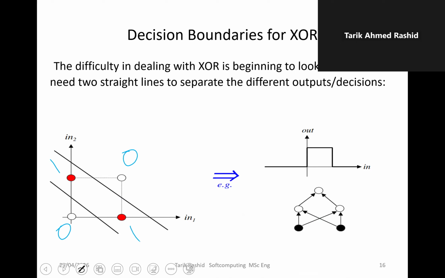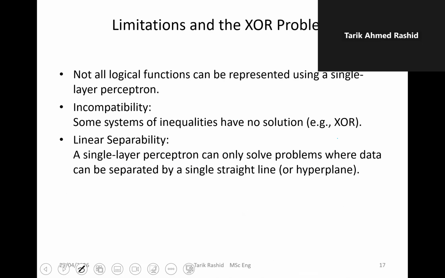So that's the problem of XOR. Thus we can say that a single layer perceptron, a single layer neural network, cannot solve the XOR problem unless we have another solution for it.